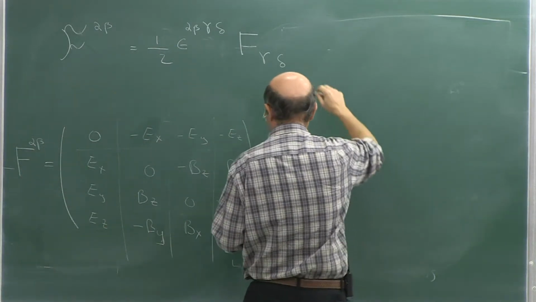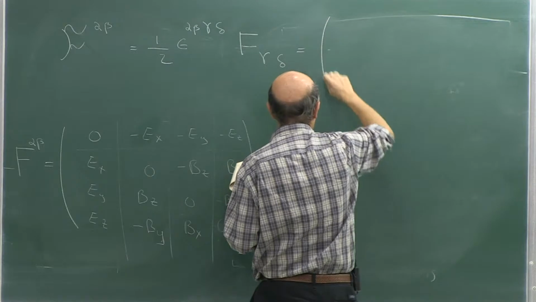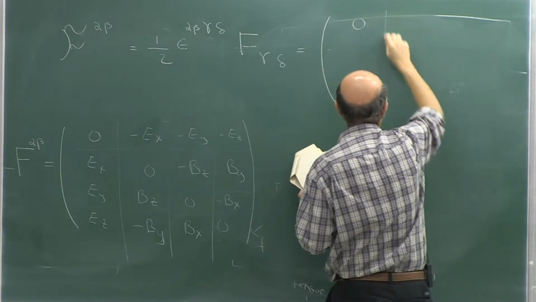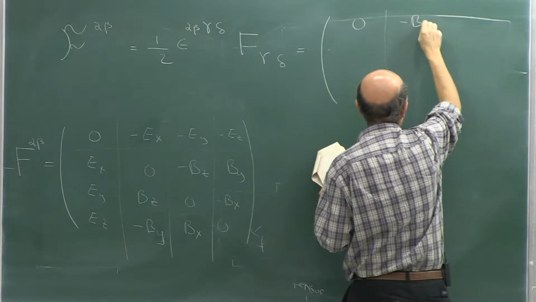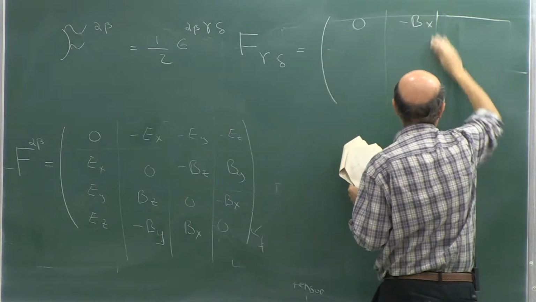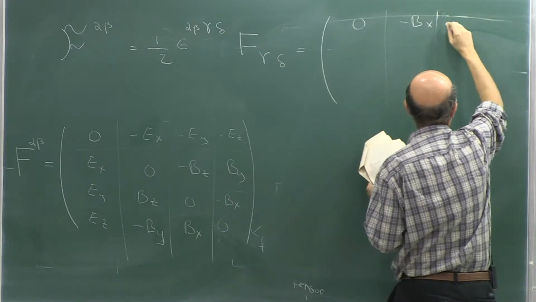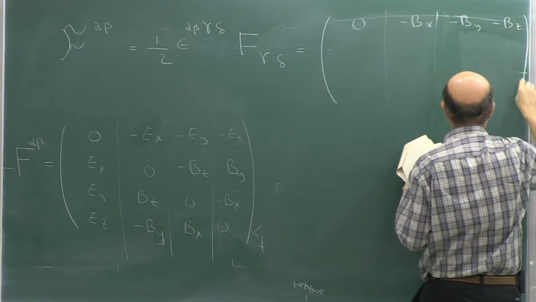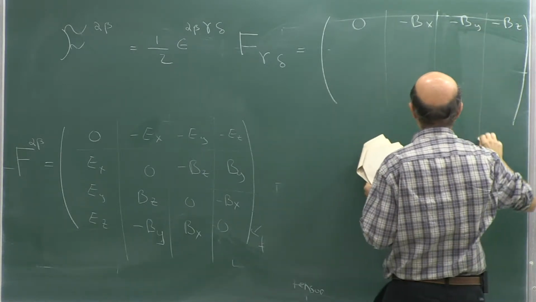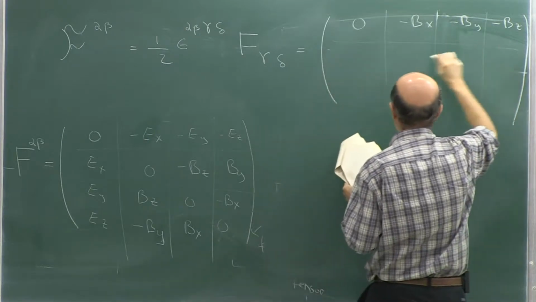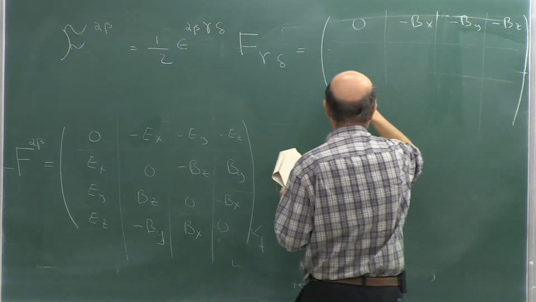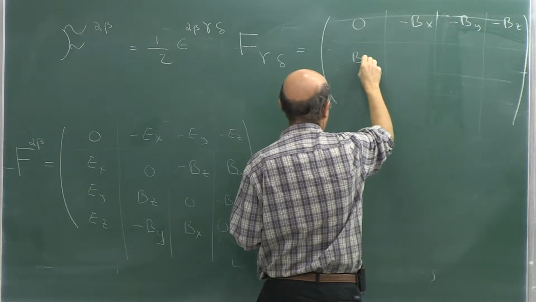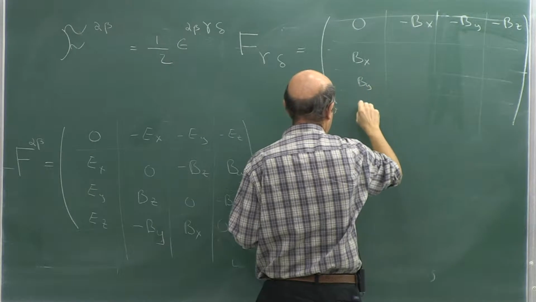So the bottom line is the following. If you do this calculation, I will do only one term. You will obtain 0, minus Bx, minus By, minus Bz, then Bx, By, Bz.